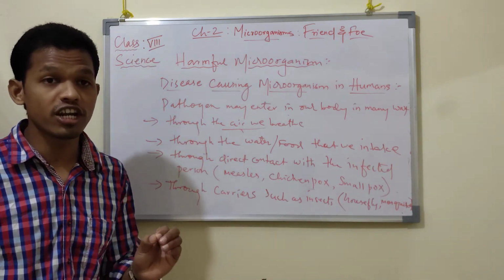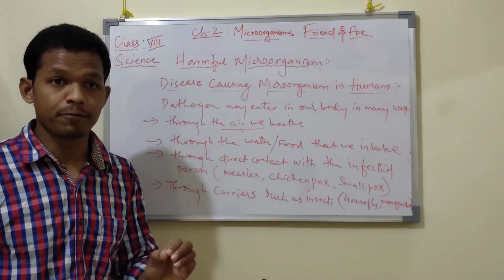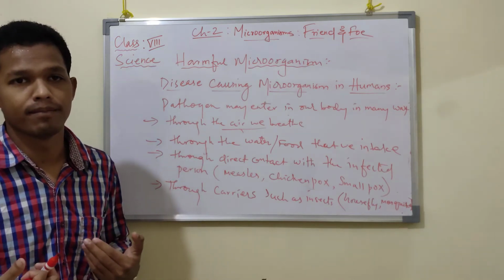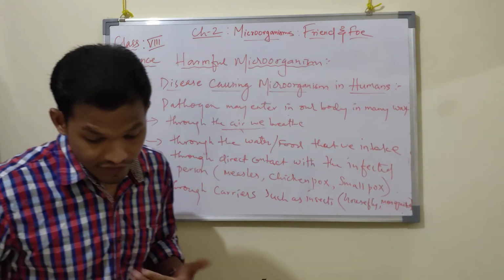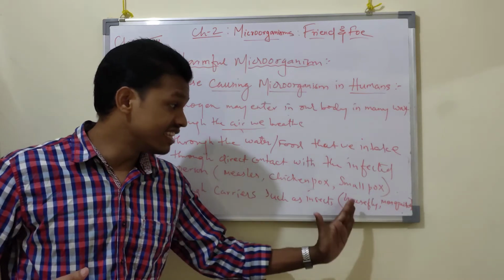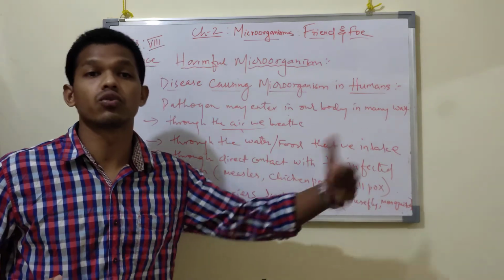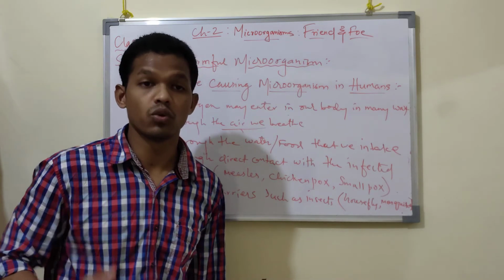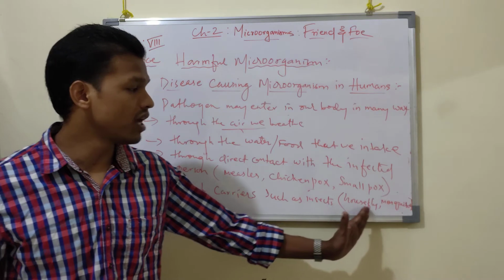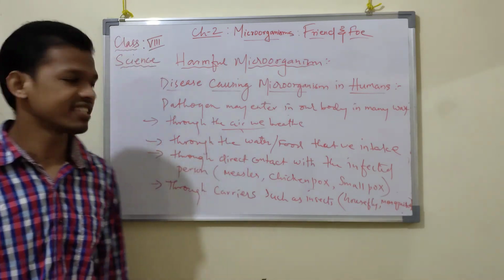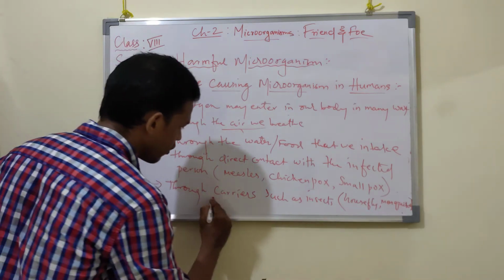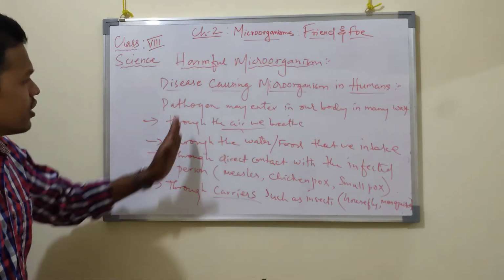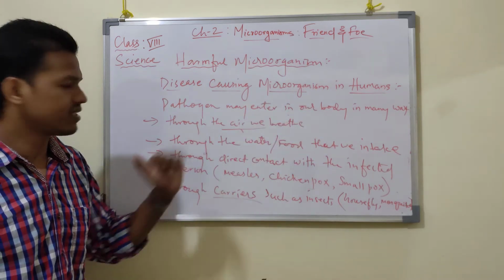So those living organisms which harbor particular pathogens without ill effect to themselves can transmit the disease to other persons. Therefore these houseflies and mosquitoes are called carriers. I hope you understood the meaning of carriers.